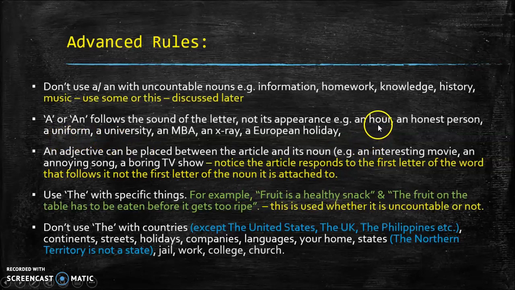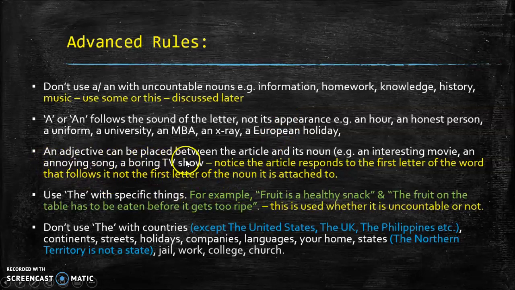If you listen to those, hour and honest actually start with O. Uniform, university, and a European holiday actually start with Y, a consonant Y. MBA and X-ray start with E, M, X. So it's the way that it sounds, not the way that it looks.